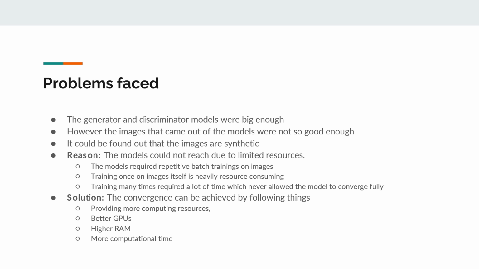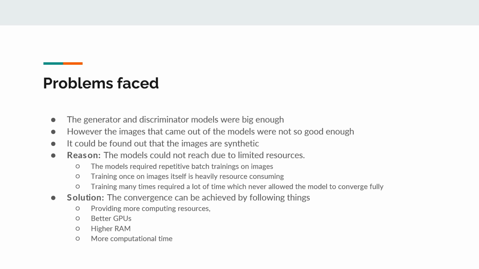One of the reasons is that the models required repetitive batch training on these images, which is heavily resource consuming. Also, the training we have done many times required a lot of time, which never allowed the model to converge fully.